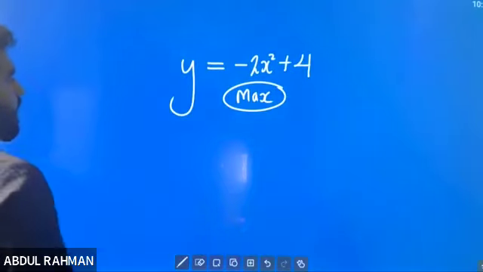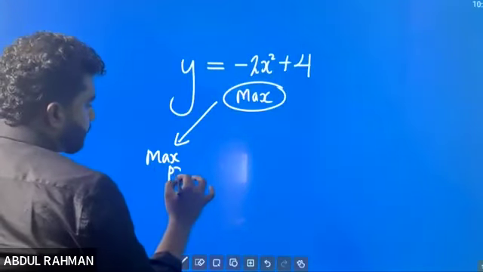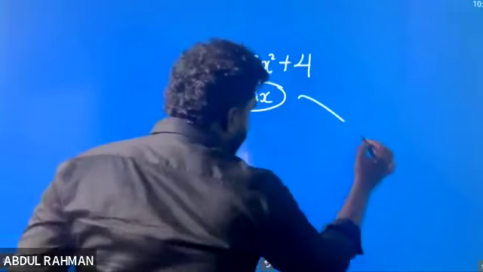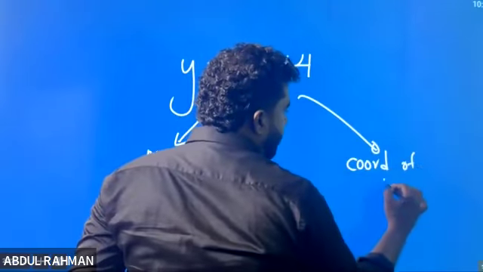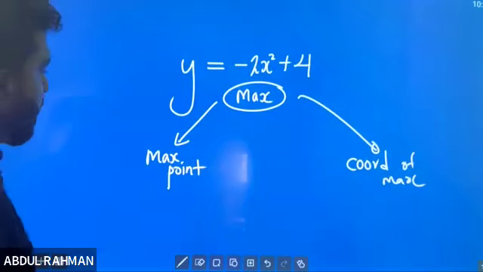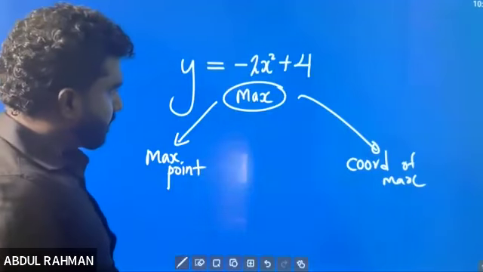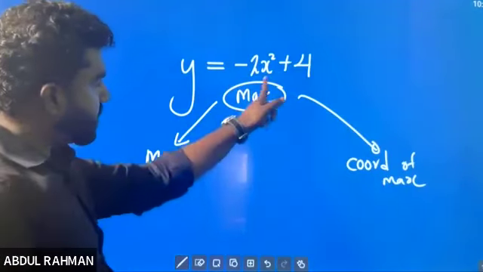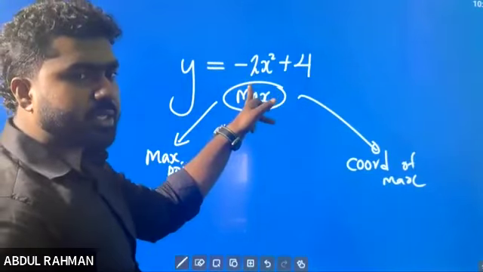So I will have what point? A maximum point, and I will have the coordinate of the maximum point. What is my maximum point? Is it -2 or 4? If it's -2, give me a heart reaction.